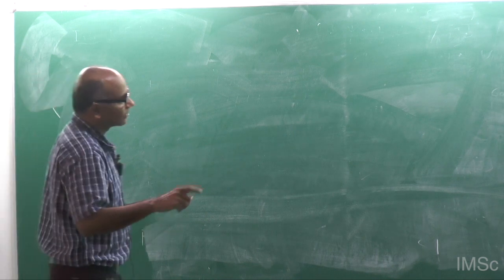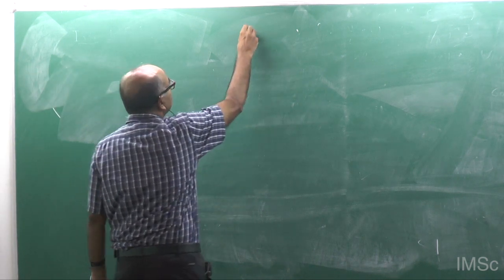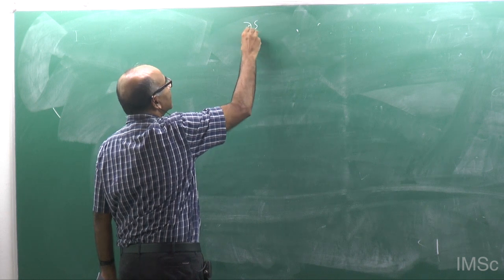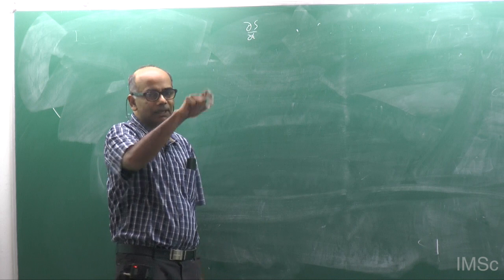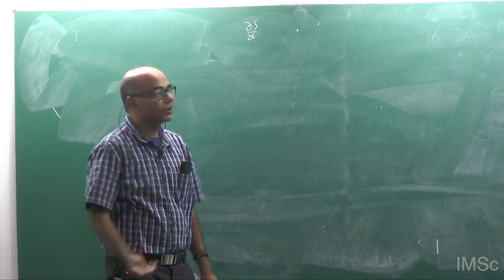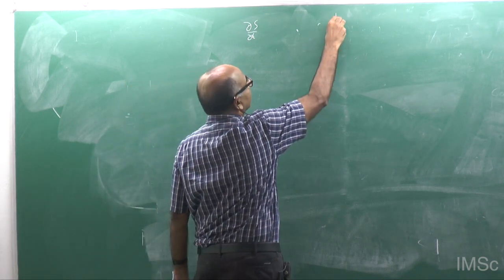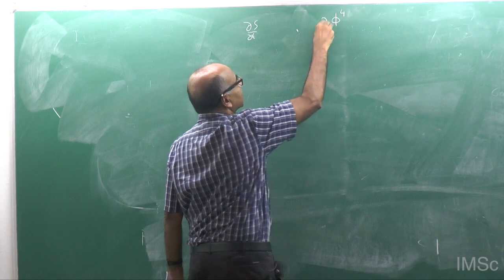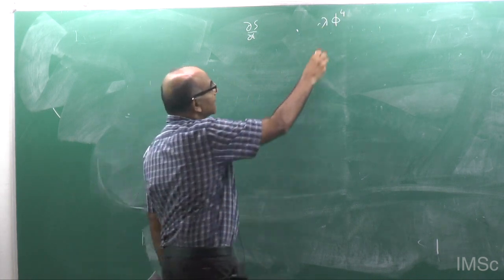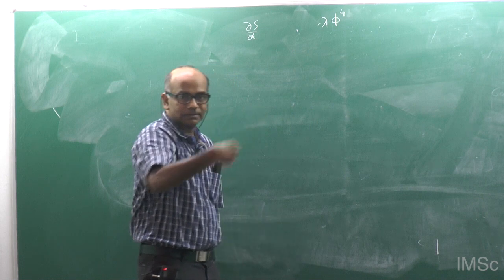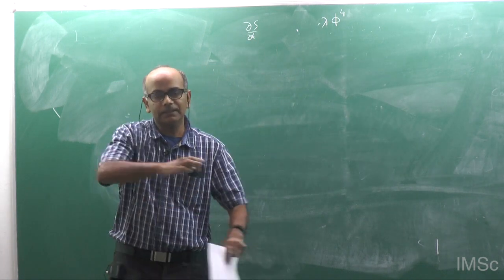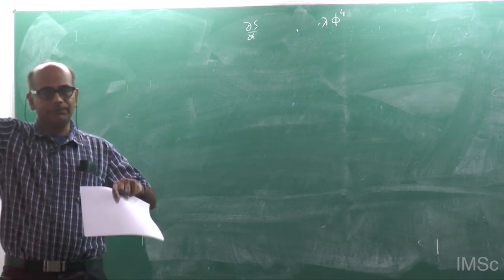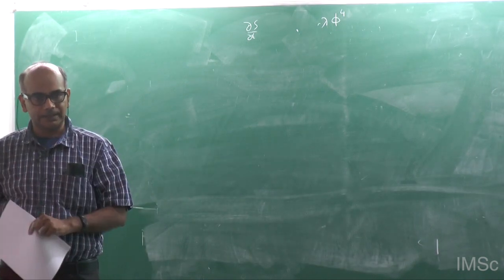Just to answer quickly, when you write something like dS by dt, what you really mean is differentiating the coupling constants. So what you have is some phi fourth times lambda, say, in your action. Then what's happening is this lambda is changing with time. So this d phi by dt in this case is just d lambda by dt. But the Wilson action has an infinite number of couplings, and all of them are running.